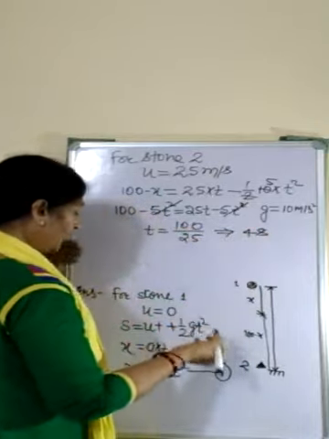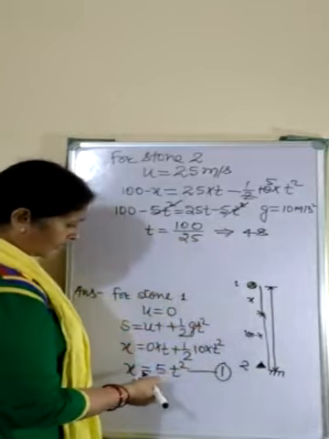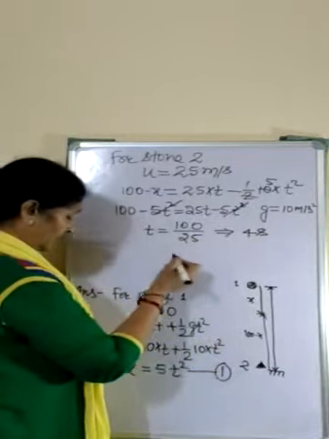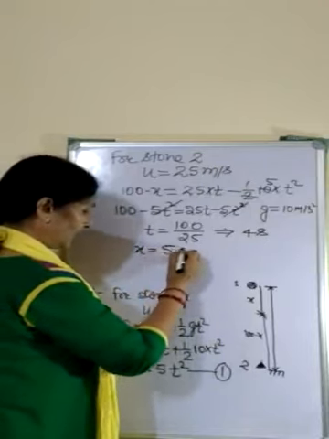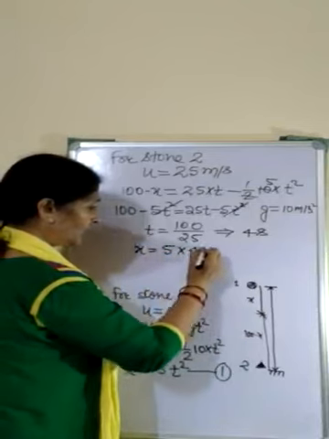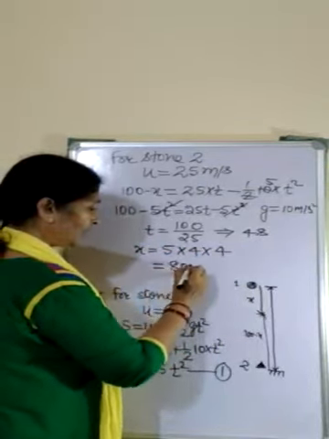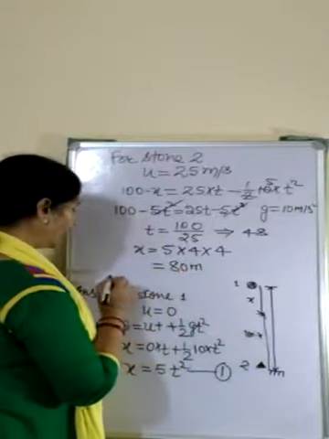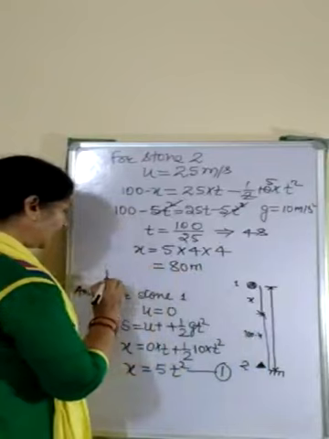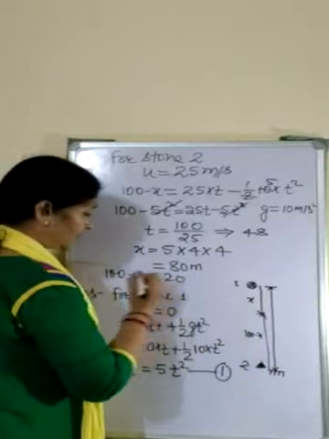Now where will they meet? We will put the value of t in equation 1. Now x is equal to 5 into 4 into 4, that is 80 meter. And from the ground it will be 20 meter. 100 minus x will be 20.